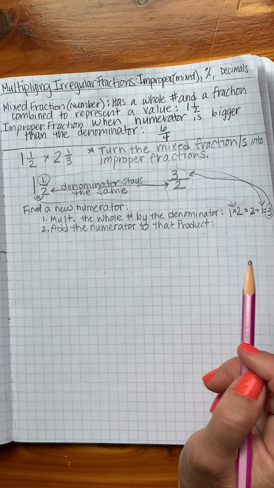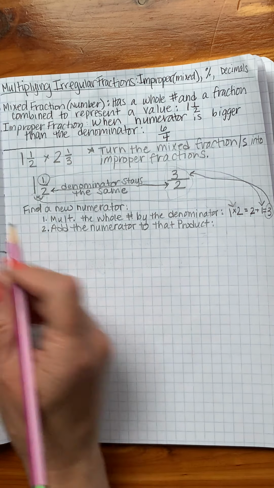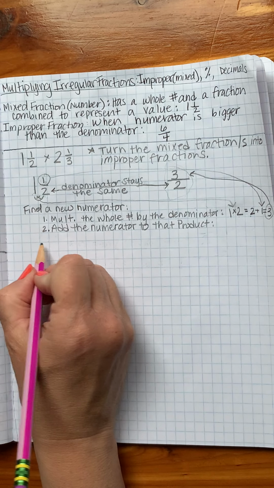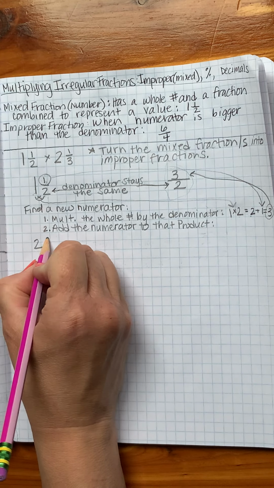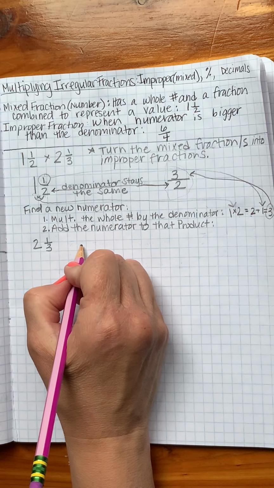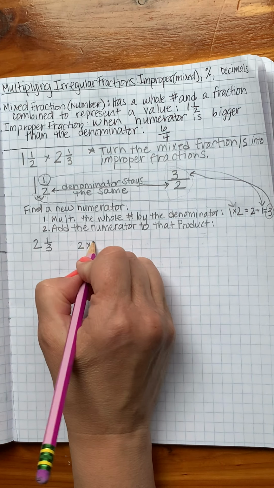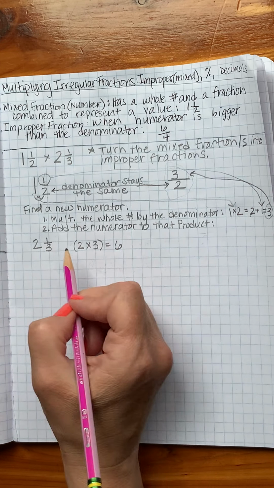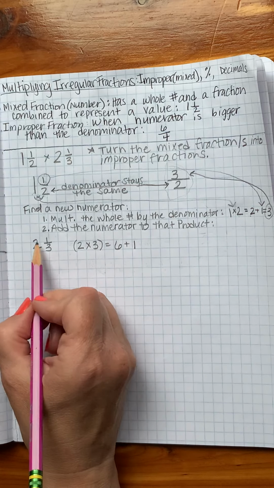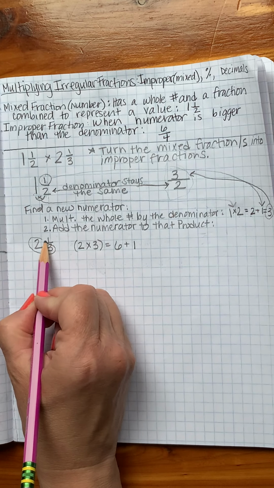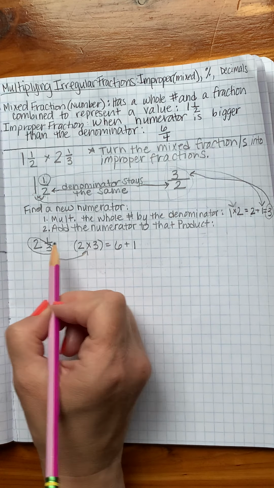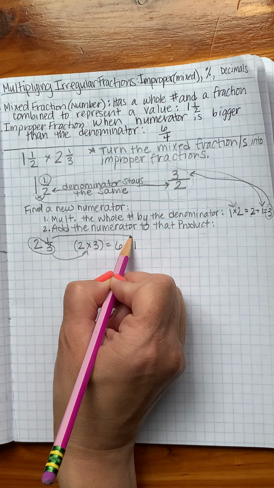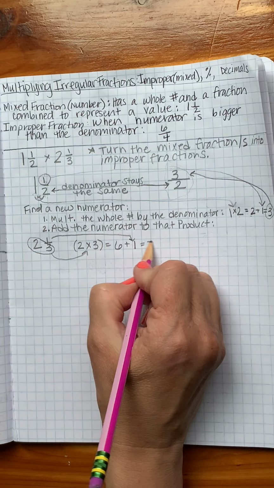Okay? So I'm going to do that really quickly with my other fraction. So I have 2 and 1/3. I'm going to do 2 times 3 equals 6 plus 1 equals 7.